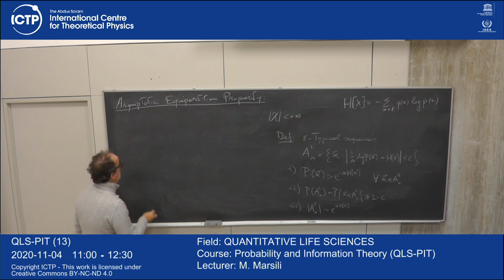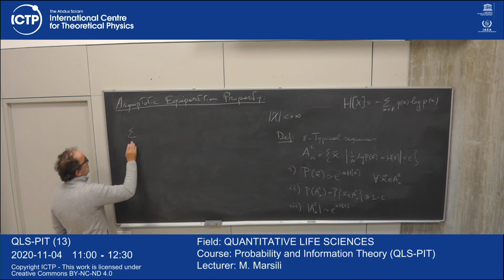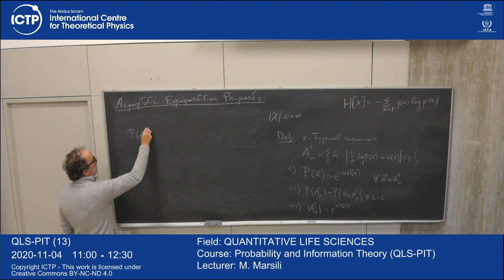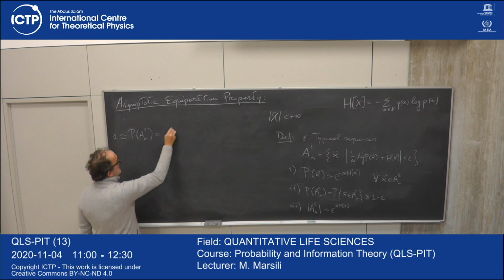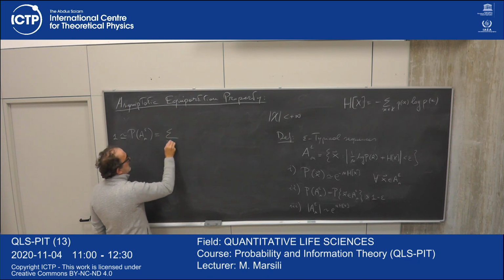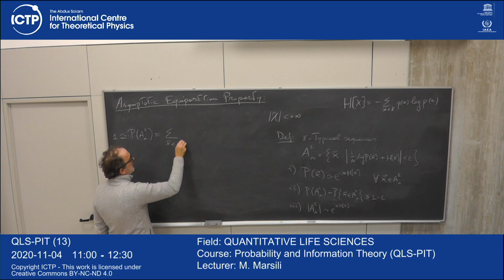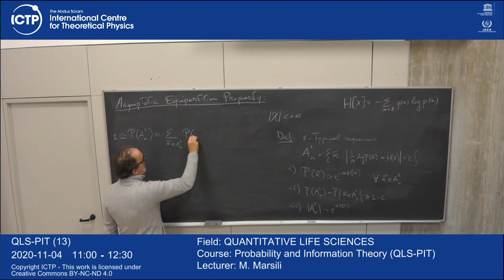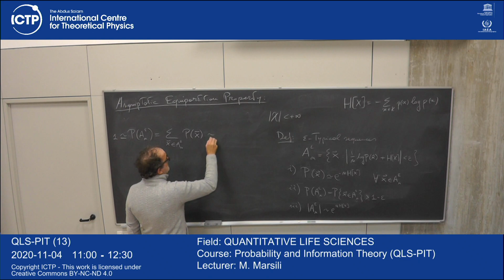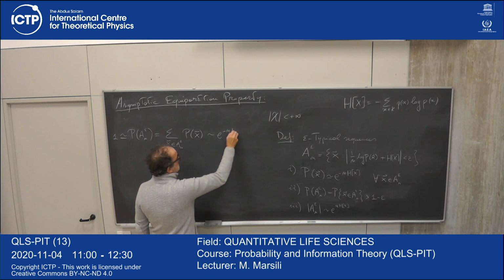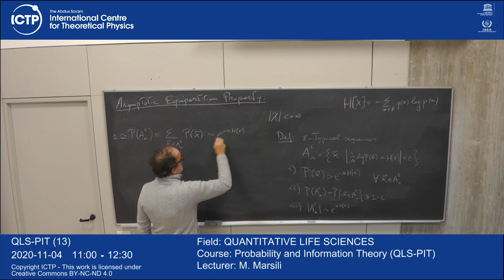And so if you want to compute the probability, we said that the probability of A epsilon is essentially equal to 1, but this is the sum over all sequences in A epsilon of the probability of the sequence x. But all the sequences in this set have the same probability, which is essentially e to the minus n times H of x.